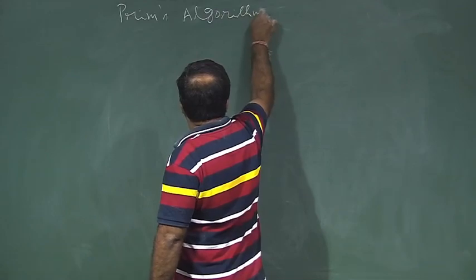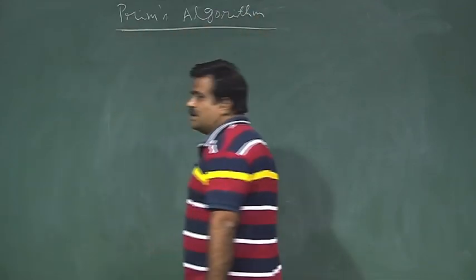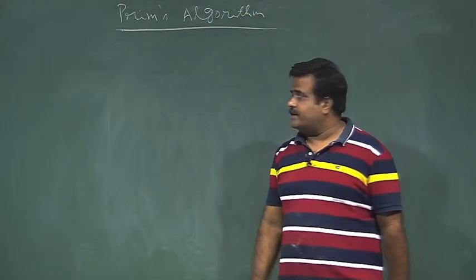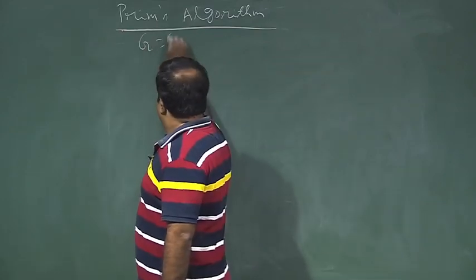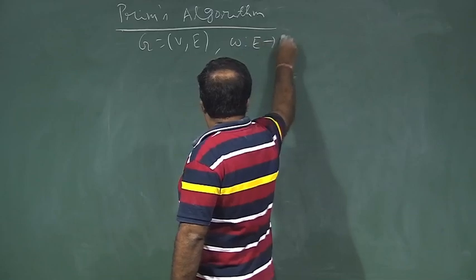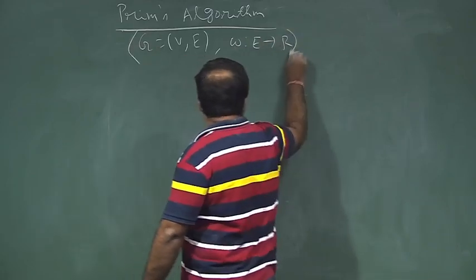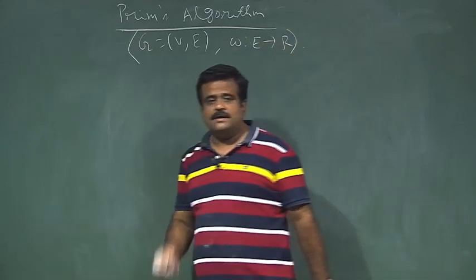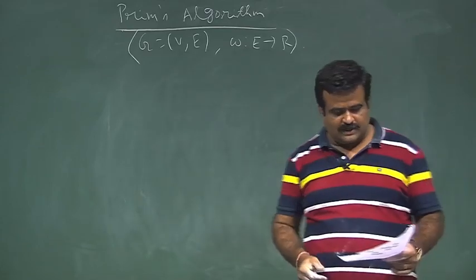What is the input? The input is an undirected graph, and we have weights on the edges. The output will be a minimum spanning tree.